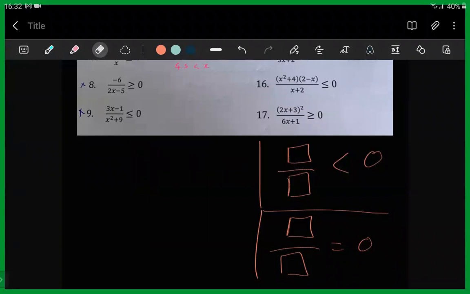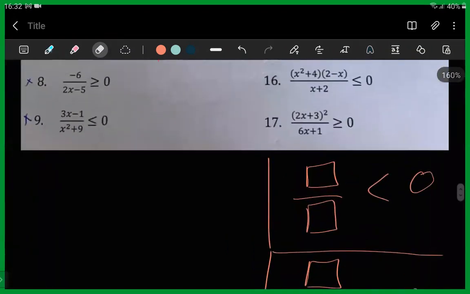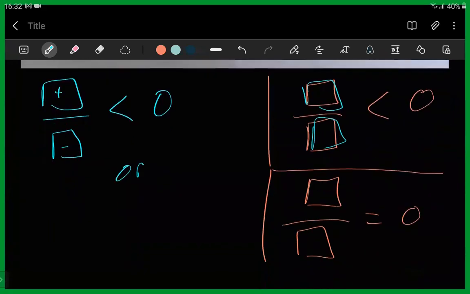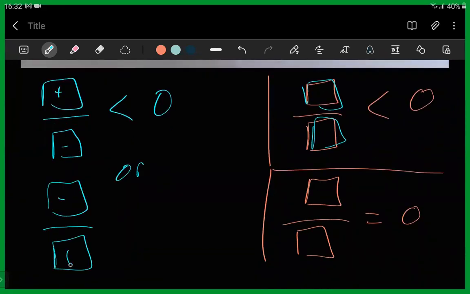For this fraction to be smaller than 0, we have to be careful. Okay. So if this fraction is to be smaller than 0, you have to think of a scenario where the top is a plus while the bottom is a minus, or the top has to be a minus while the bottom is a plus.